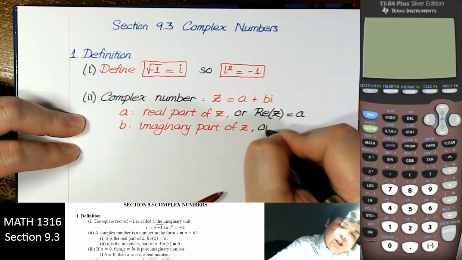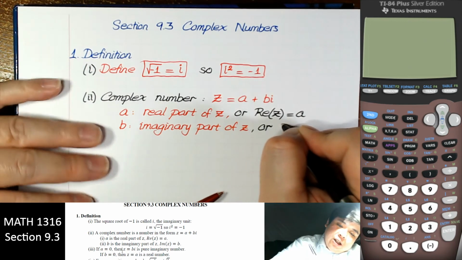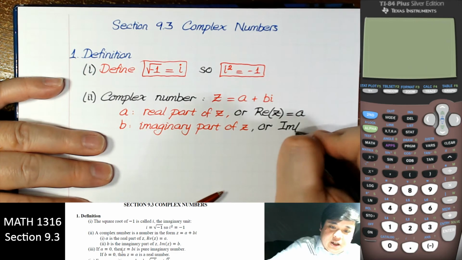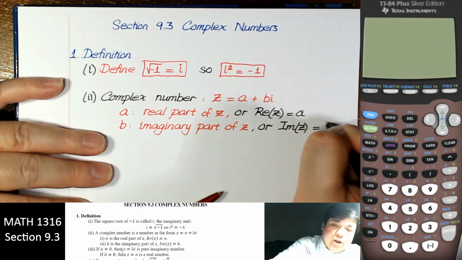Or if we write, the imaginary part of z is equal to b.